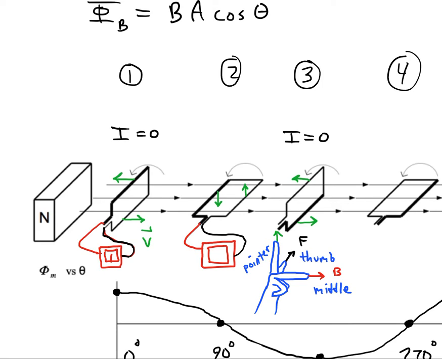So what we're going to see then is a current that goes this way.